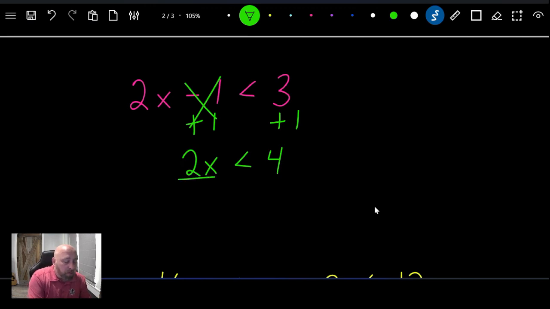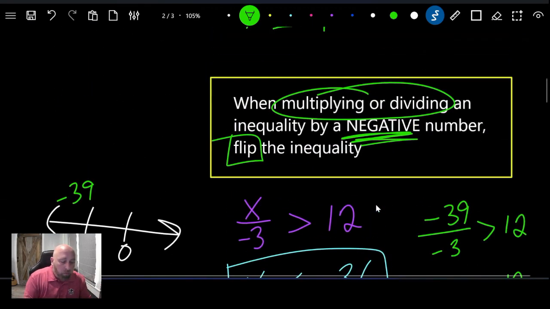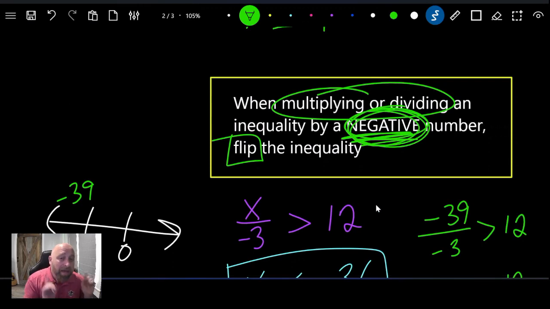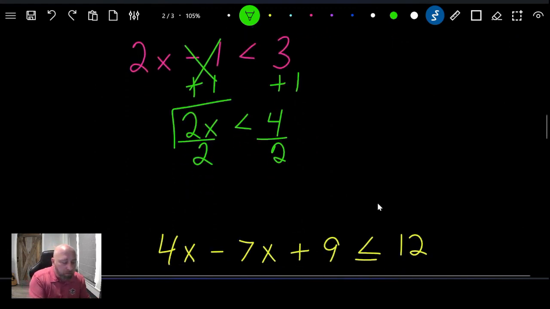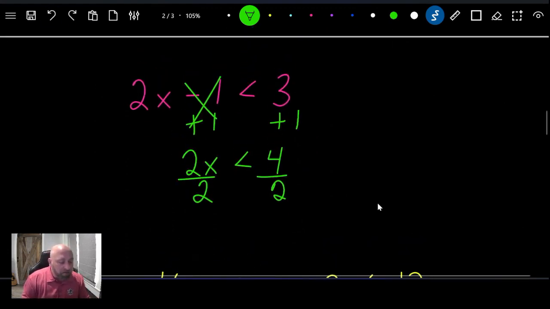Now, some of you might be thinking, okay, we're dividing. I'm going to flip my sign. No. All right, go back up here. We only flip when we're doing it by a negative number. We don't have a negative number here, right? These are just positive numbers.